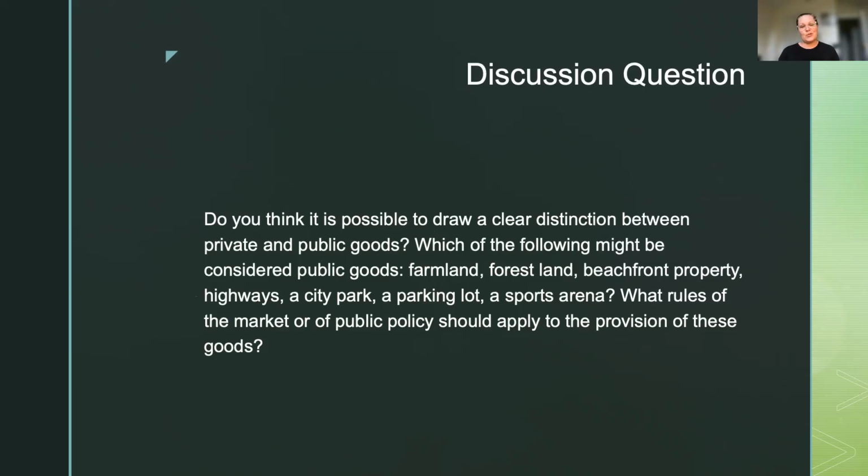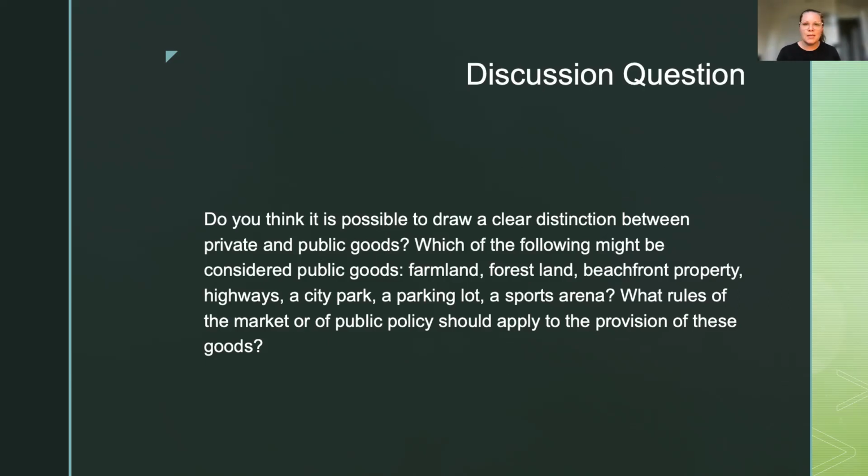So here's a discussion question for you, thinking about the difference between private and public goods. Do you think it's possible to draw a clear distinction between all private goods and all public goods? Which of the following would you consider public goods? Farmland, forests, beachfront property, a highway, a city park, a parking lot, a sports arena.